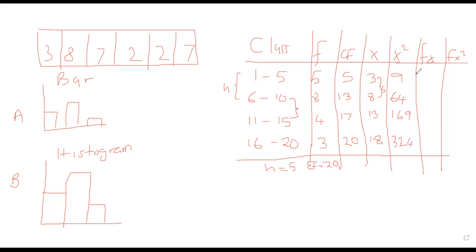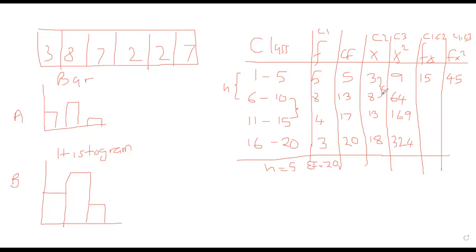Okay, then ladies only, you help us find this. So I can call this column 1, column 2, column 3. To find the fx column, you simply multiply column 1 times column 2. To find this last column, you multiply column 1 times column 3. So start this row together. So 5 times 3 is 15. Again, 5 times 9 is 45.